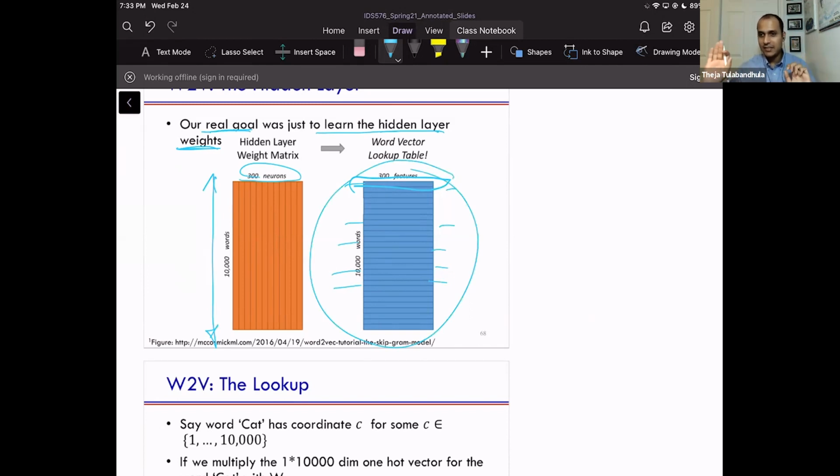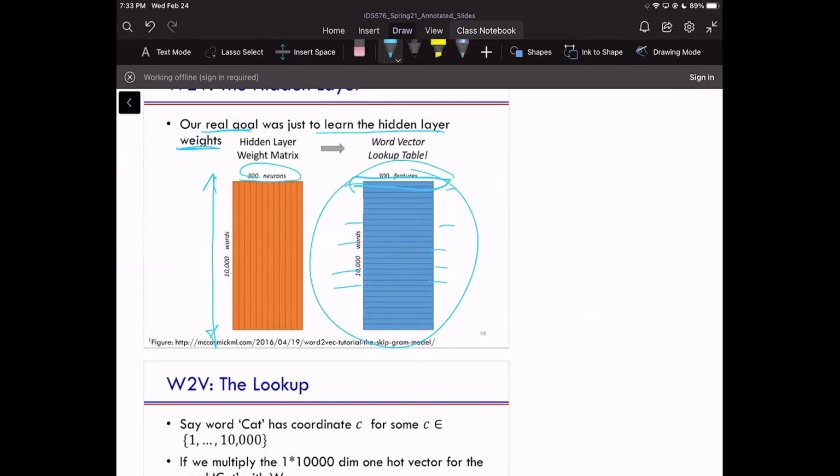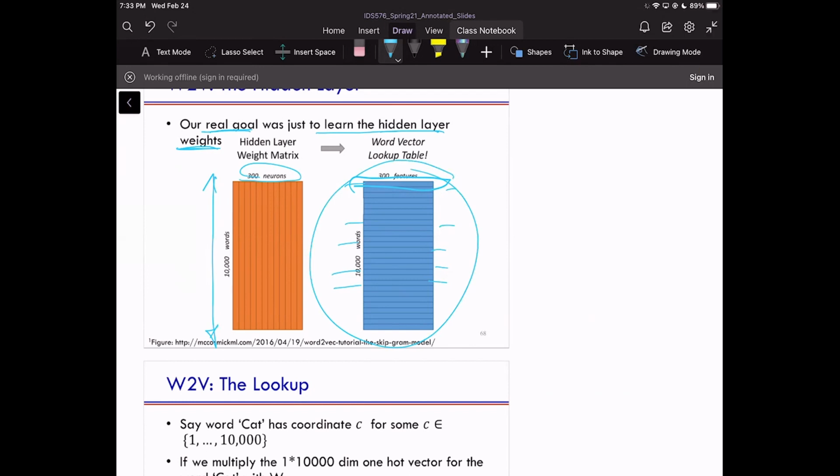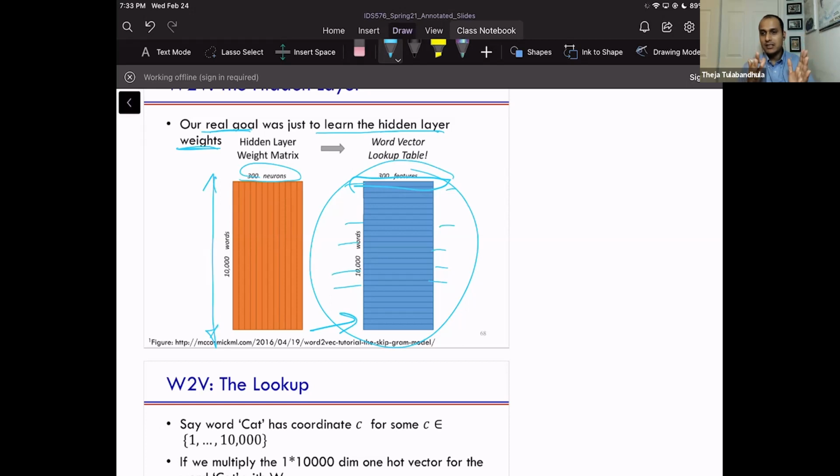The first set of weights, second set of weights. Now forget about the whole classification task. Just take the weights from input to hidden layer. That's this matrix, just a bunch of numbers. Anytime you have a word, if you just want a vector for that word, you just look up that row for that word, and that's your vector for that word, for any other task.